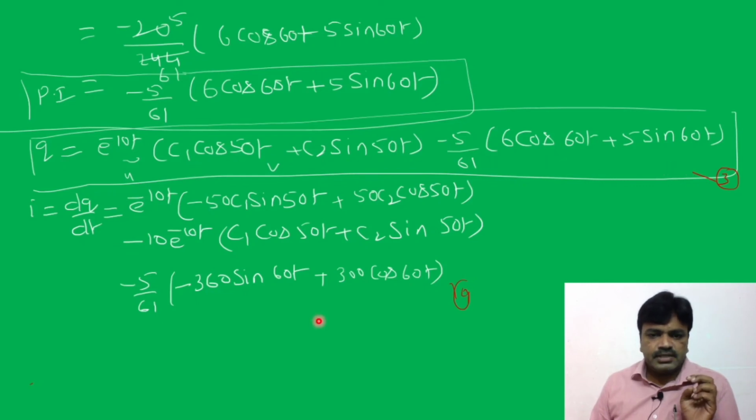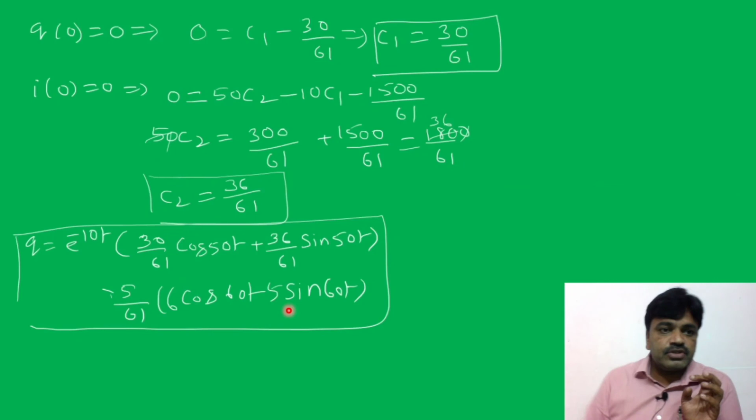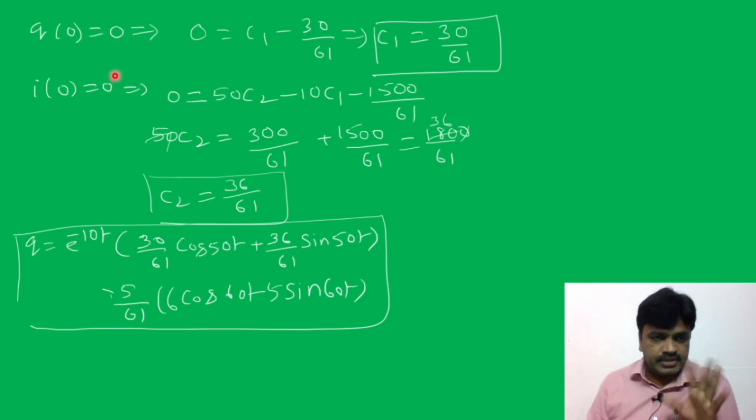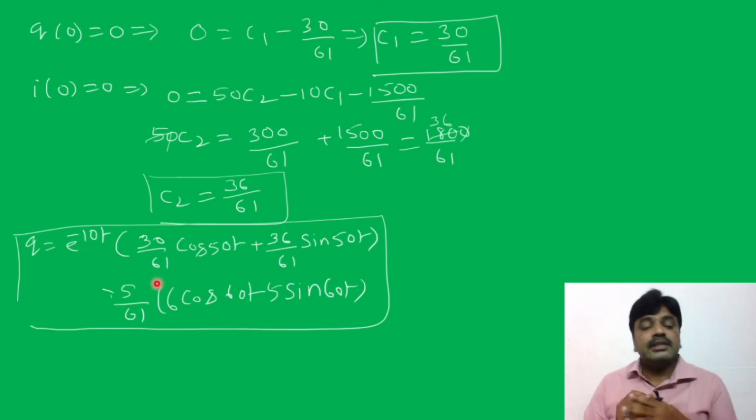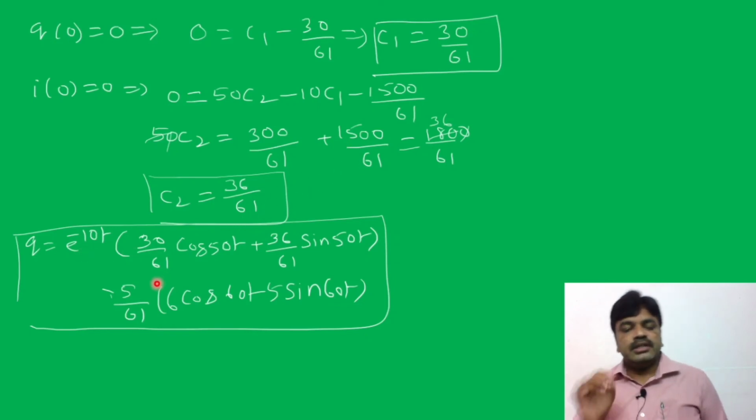Now I substitute I of 0 equal to 0 and Q of 0 equal to 0. First you always substitute Q of 0 equal to 0. Then I get the C1 value 30 by 61, and then I substitute I of 0 equal to 0. Finally I substitute the C1 value here, I get C2 as 36 by 61. Simply I substitute C1, C2 values in Q, we get the required charge in the circuit.